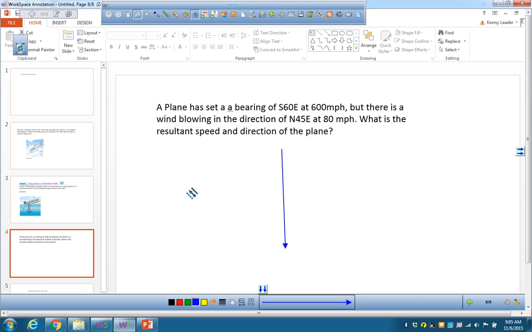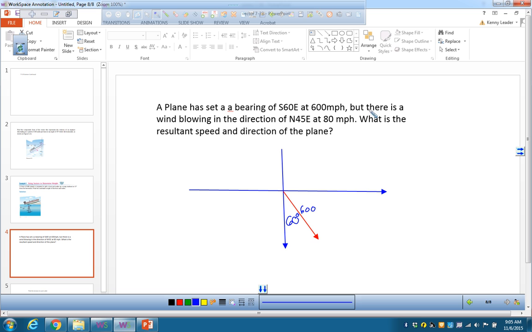So if you had a problem like this, it says a plane has set a bearing of 60 degrees south, 60 degrees east, which means that here's my plane, and it's trying to go south, and this angle down here is 60 degrees, right? And it's going at 600 miles per hour.